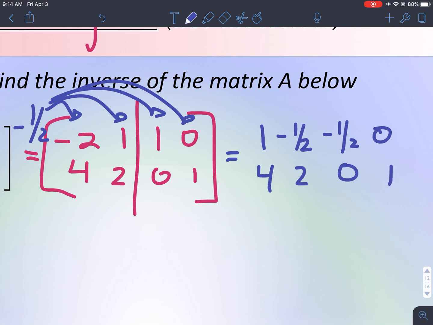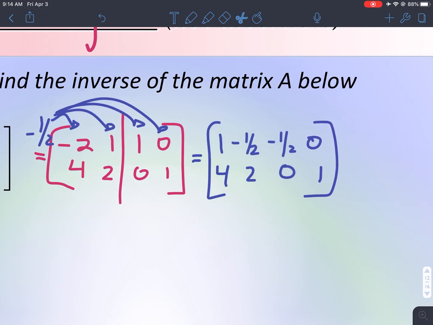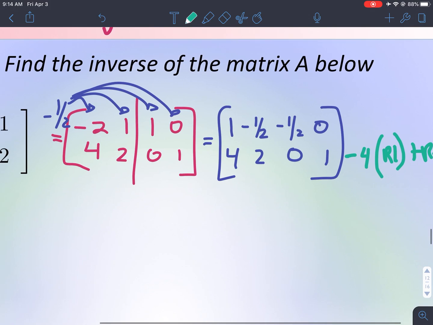That leaves the second one the same. Then I have a 1 on the diagonal left, which is good. Let's multiply -4 times R1 and then add it with R2. That's to change the second row.